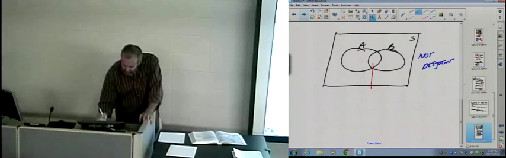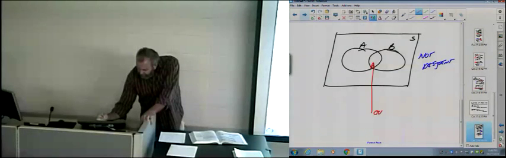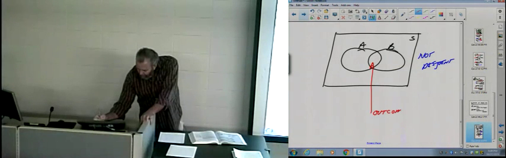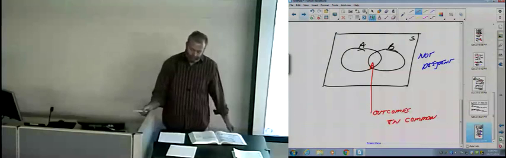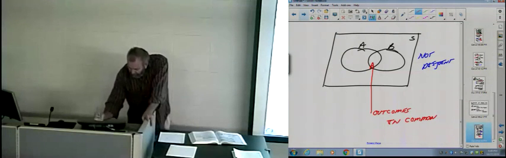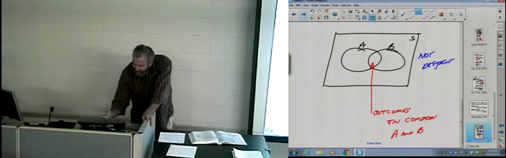Right here. Those are the outcomes in common. Those are the outcomes that are in A and they're in B. And I'm actually going to write that. That's the ones that are A and B.